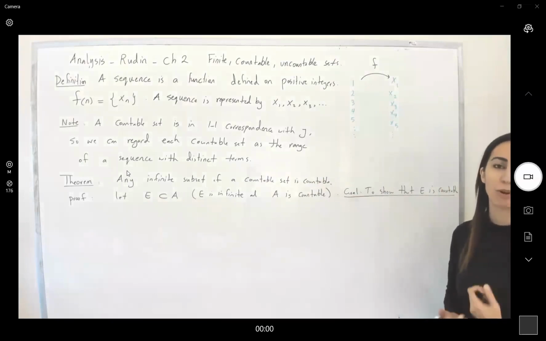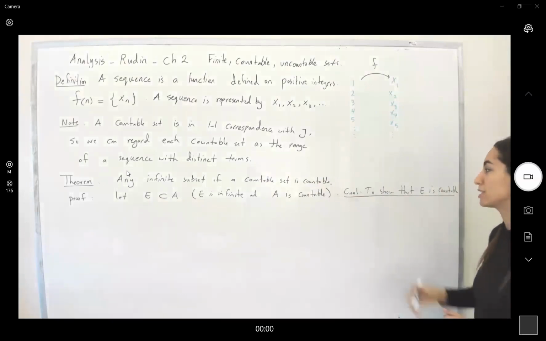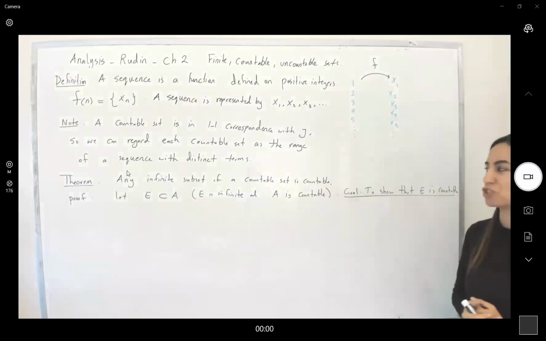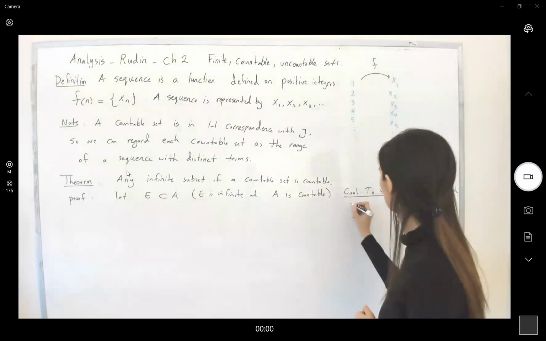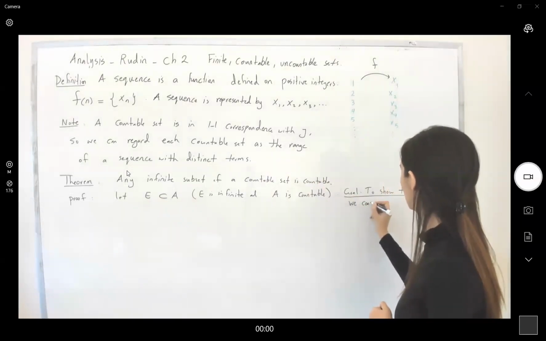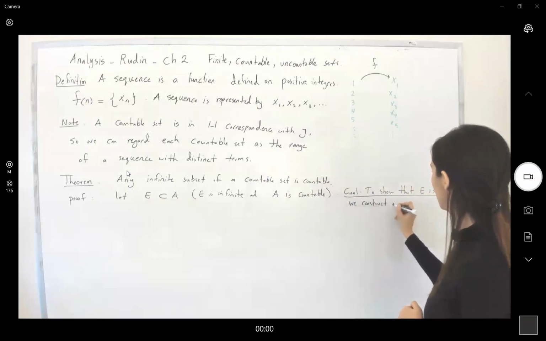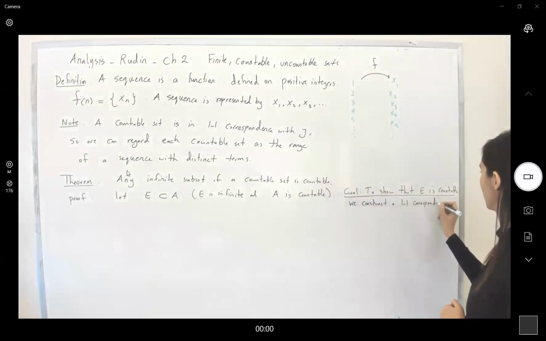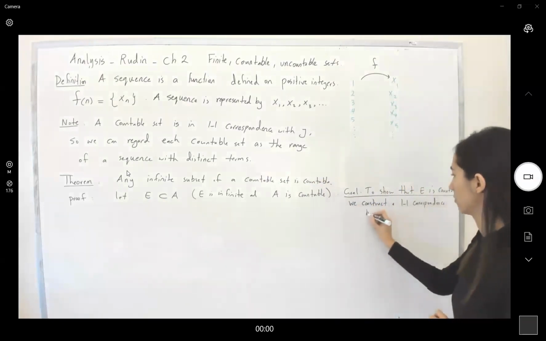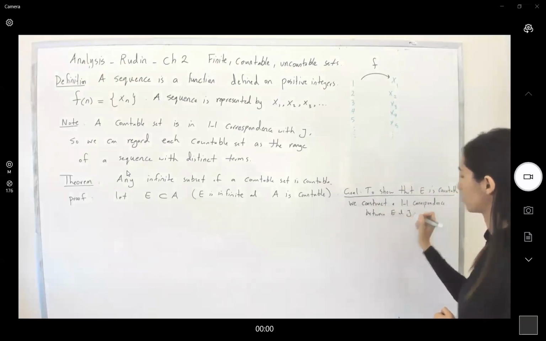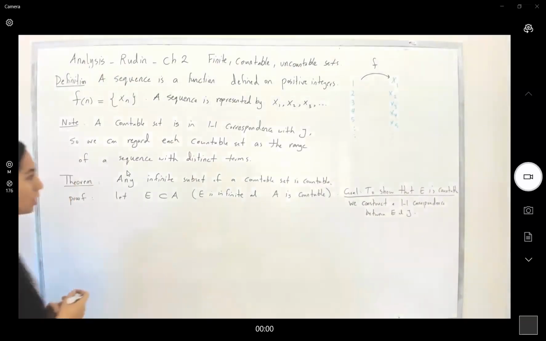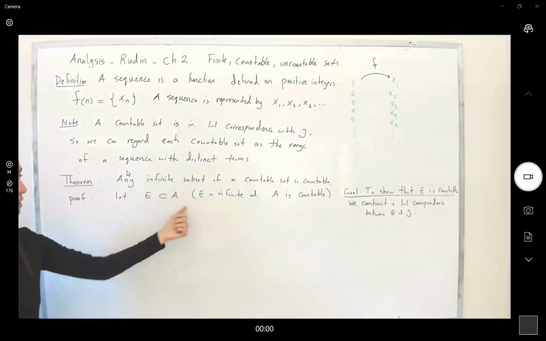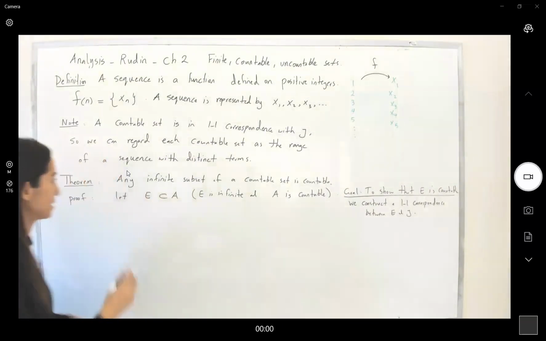We can find or construct a one-to-one correspondence between E and J. Well, we're going to use the fact that A is a countable set.